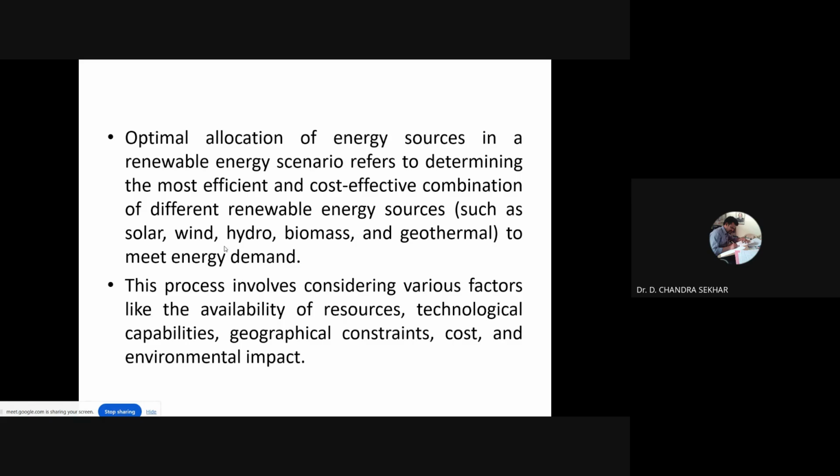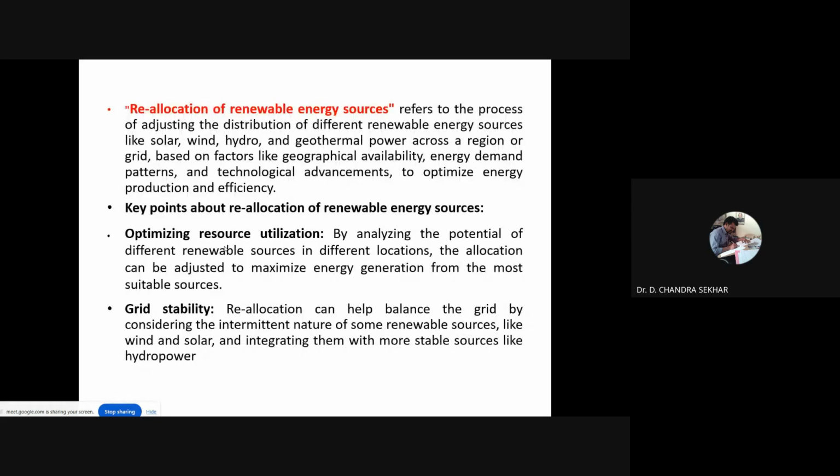Now we want to operate them together, so when we are integrating wind as well as solar, the geographical constraints are also important, along with cost and the environmental impact.